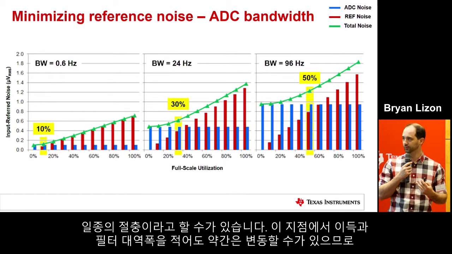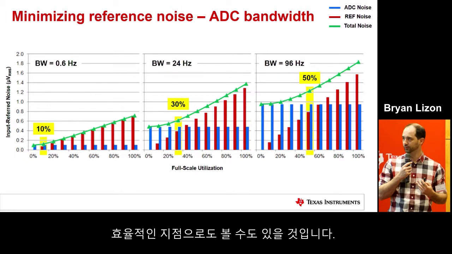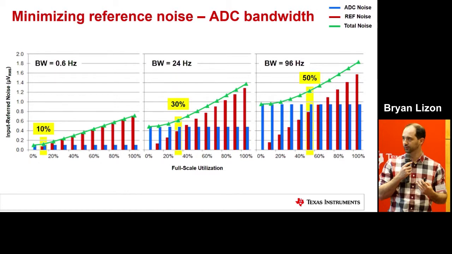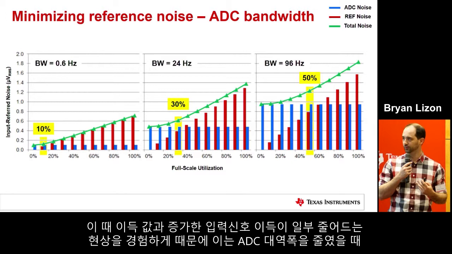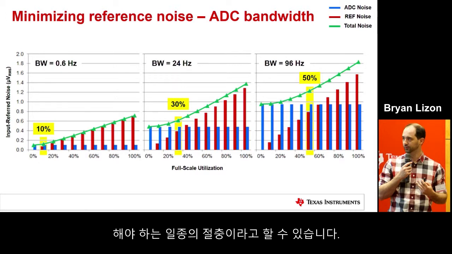So this might be a sweet spot here in terms of allowing you at least some variability in your gain and filter bandwidth. That's the trade-off that you experience when you decrease your ADC's bandwidth: you tend to lose some of the value of gaining up your input signals.